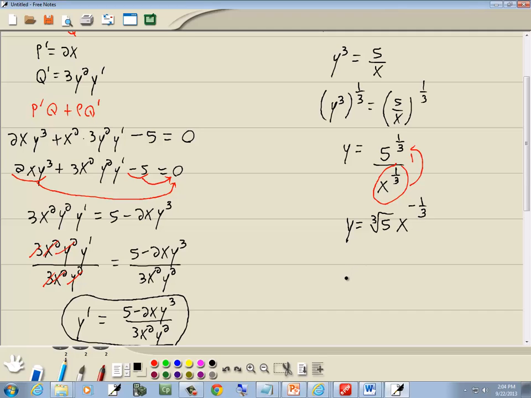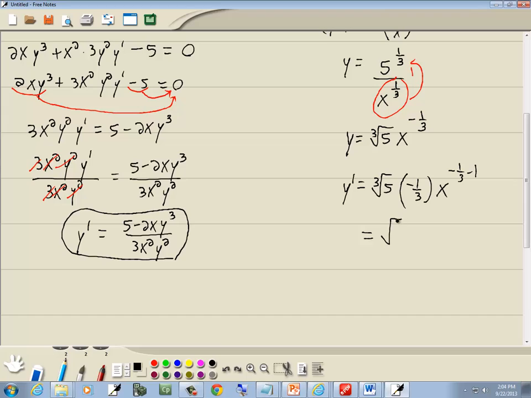And now we're ready to find our derivative. If you've got x to a power, you take your negative 1/3, take your power, put it out in front. So we've got the cube root of 5 times negative 1/3 x, and then you lower your power by 1, so negative 1/3 minus 1.